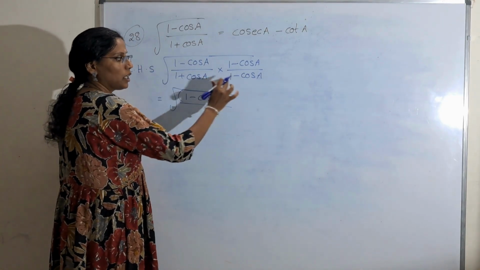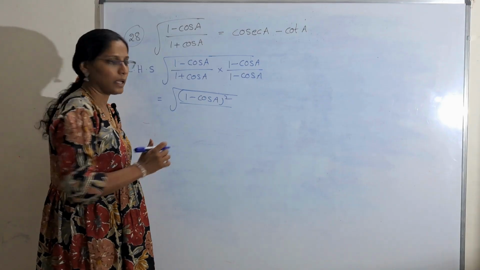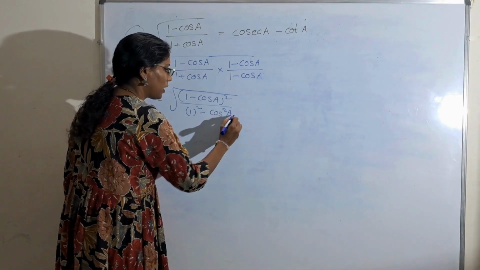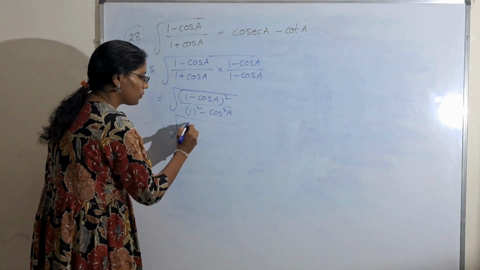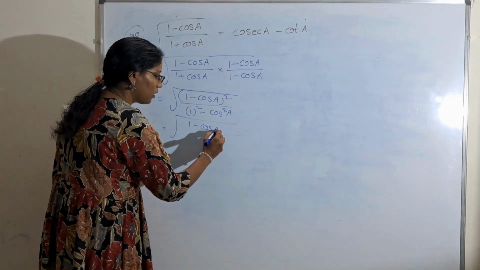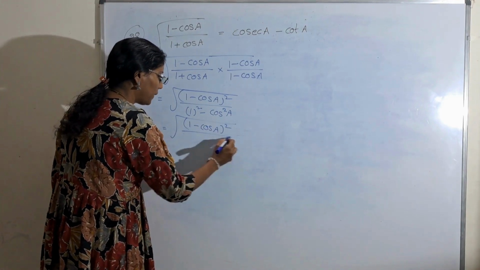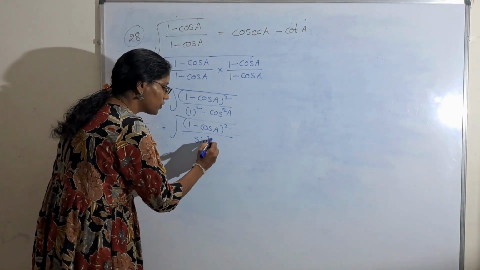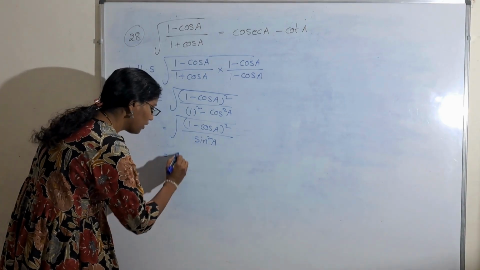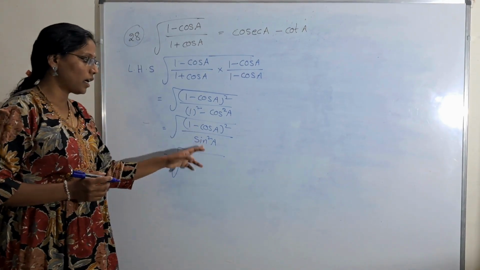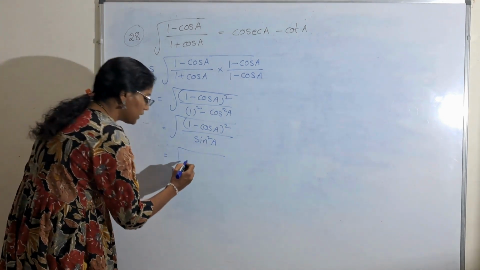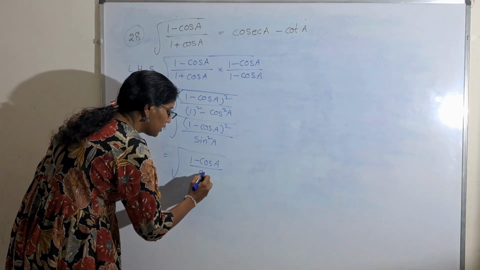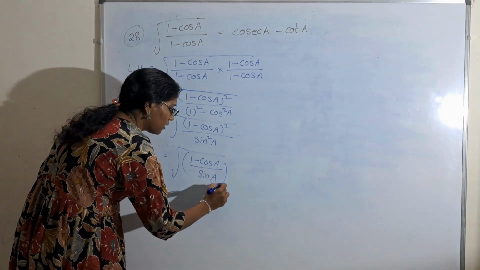Denominator: A plus B into A minus B formula we apply. 1 square minus cos square A. Root of (1 minus cos A) whole square by 1 minus cos square, which is sin square using the identity. Numerator and denominator both have squares, so single square: (1 minus cos A by sin A) whole square.